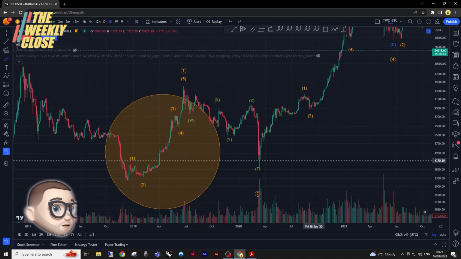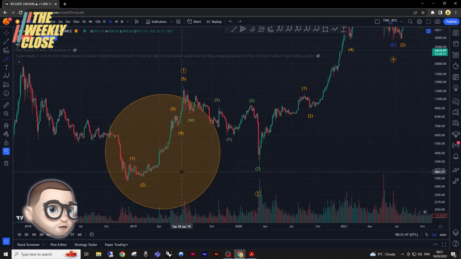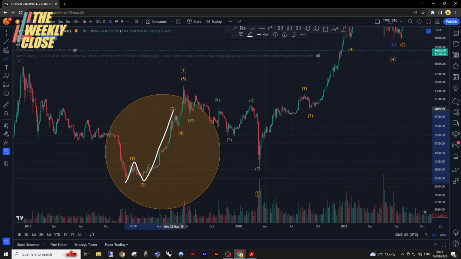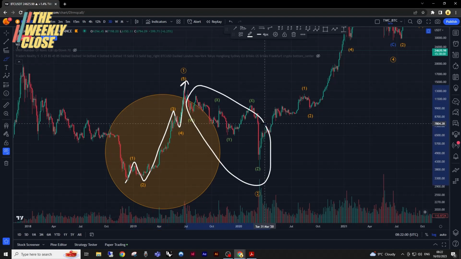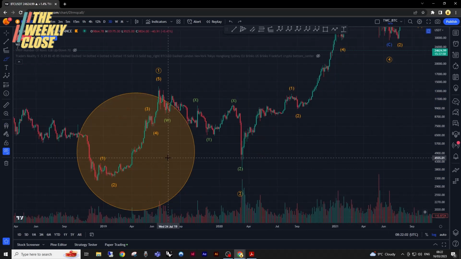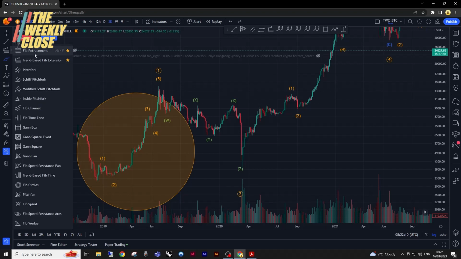And then the only way to quantify and justify that is to be looking on smaller time frames for that confirmation of the 5 waves to the upside, and then subsequently, what's the correction in that wave 2. So if we look in this example alone, these are the tools that we're referring to for the Fibonacci retracement and extension.